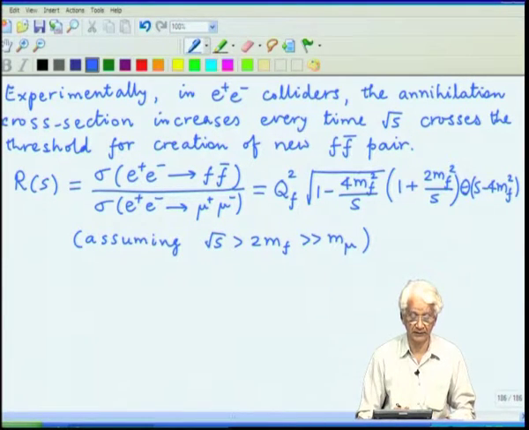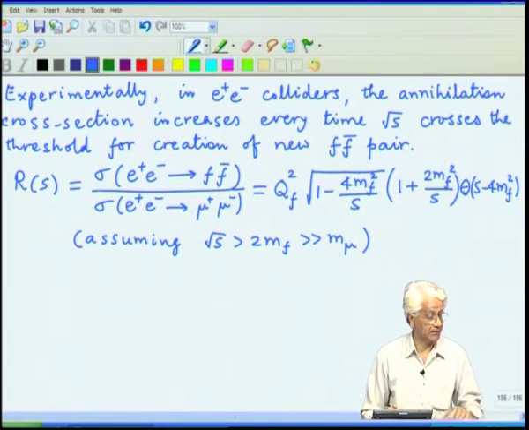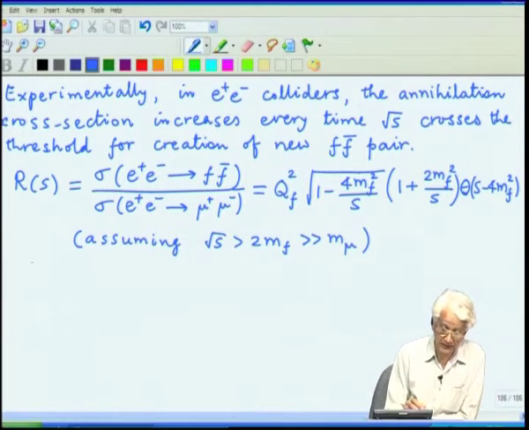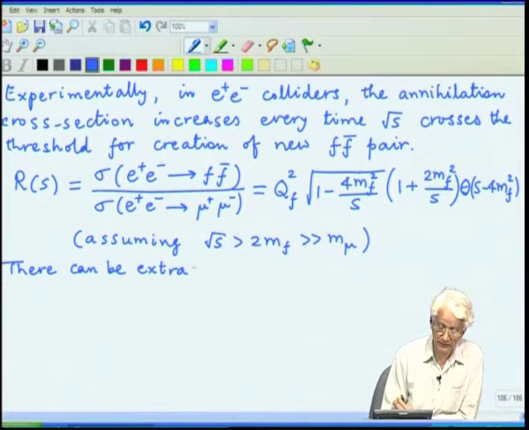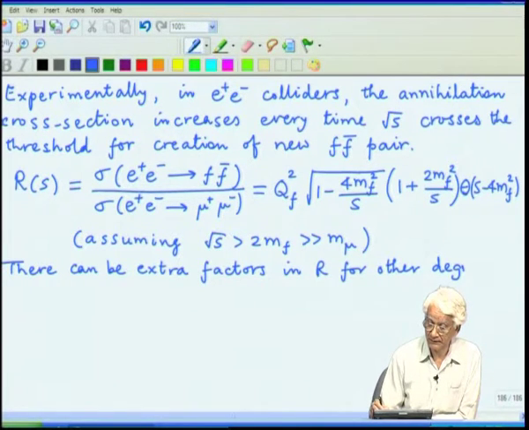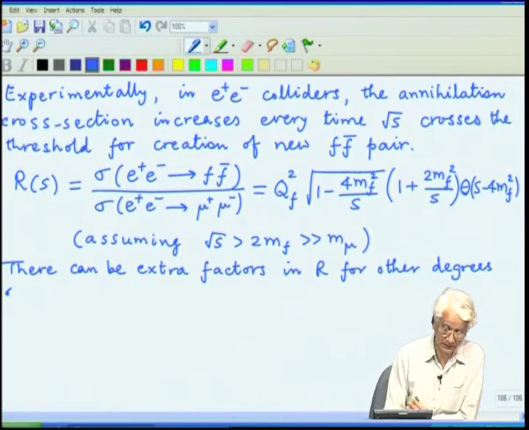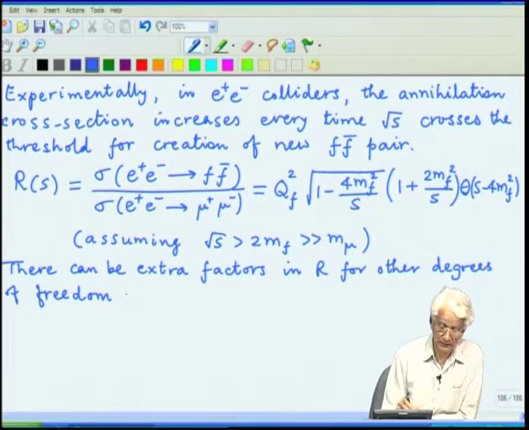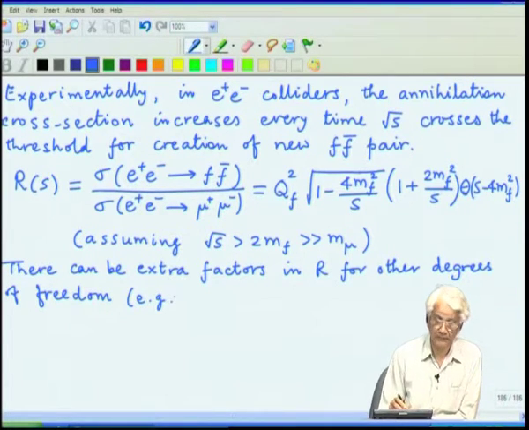But this is the first signal which can be easily seen in experimental data, and there can be extra factors in R for other degrees of freedom which we have not included in the calculation, but may be there in real process.